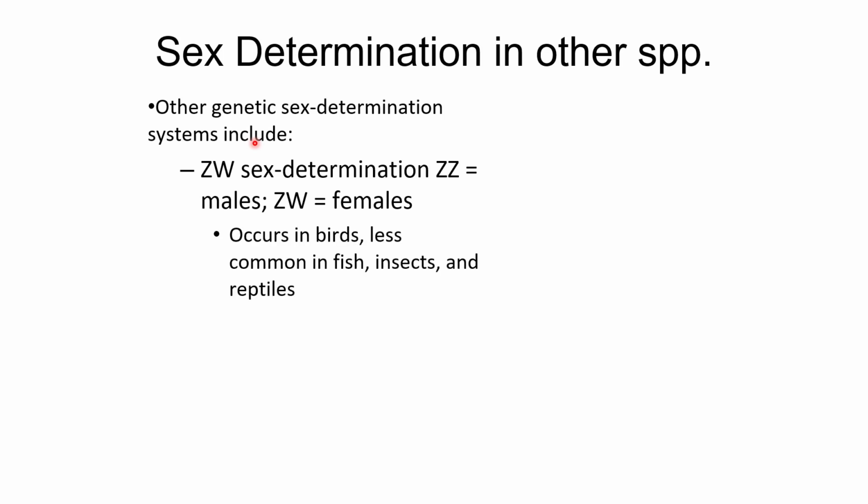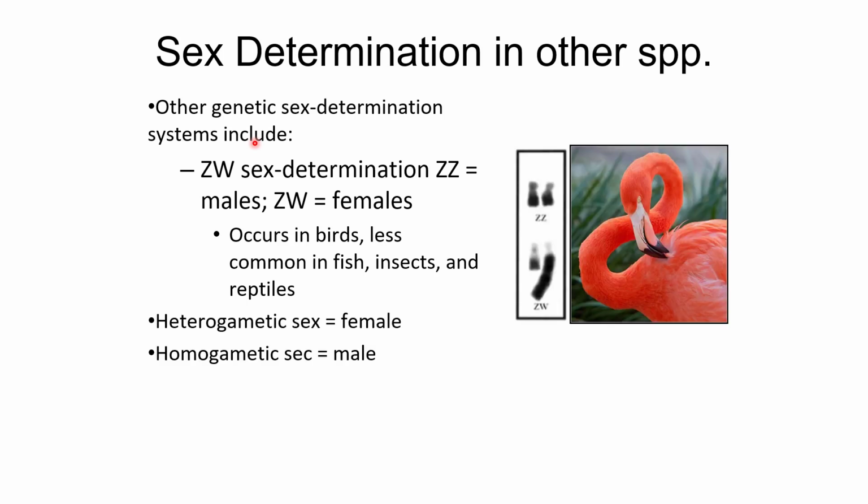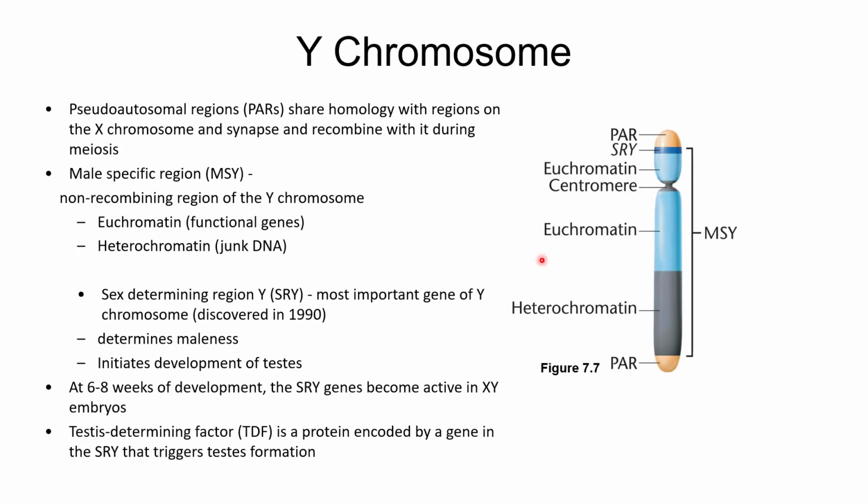And this occurs in birds. It's found in a few fish, but it's less common. Fish tend to have a lot of non-genetic sex determination modes. It's found in some insects and some reptiles, but mostly in birds. And you can see here, the Z chromosome is shorter, the W chromosome is long, and that's what dictates the female.